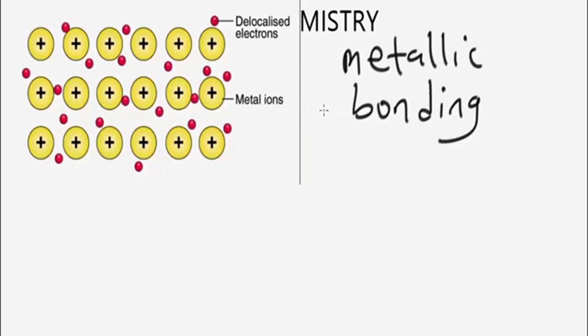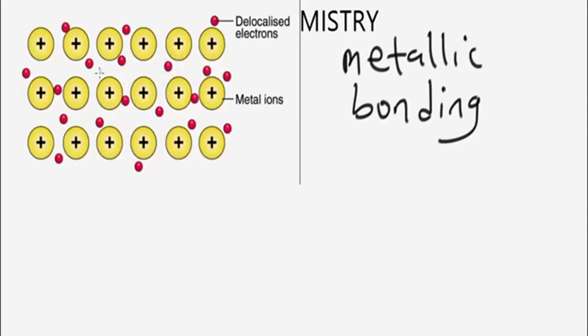Metallic bonding is a very strong bonding. Note again that it is the delocalized electrons in the metallic bonds that produce the properties of metals. If you check carefully in this diagram, these small circles colored pink are the delocalized electrons.